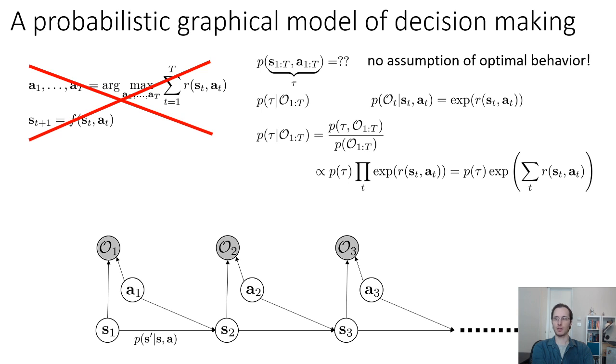For instance, imagine that the dynamics are deterministic, which means that P of tau is basically just an indicator variable. It's 1 if tau is a physically consistent trajectory and 0 otherwise. In that special case, we will see that the most likely trajectory is the one with the highest reward.